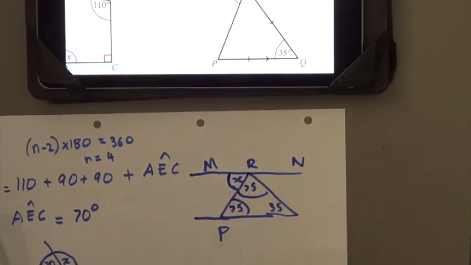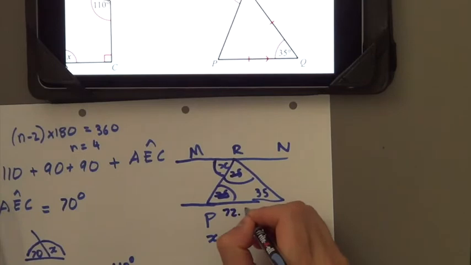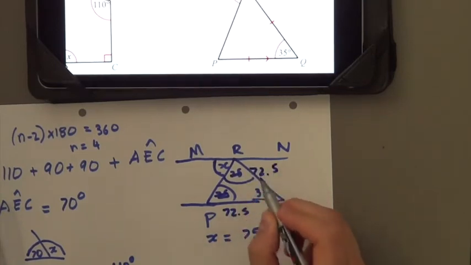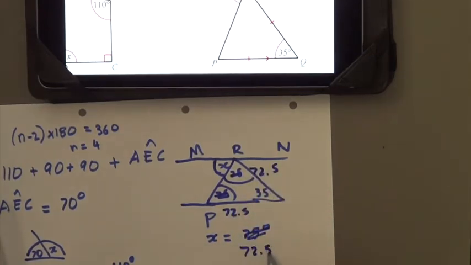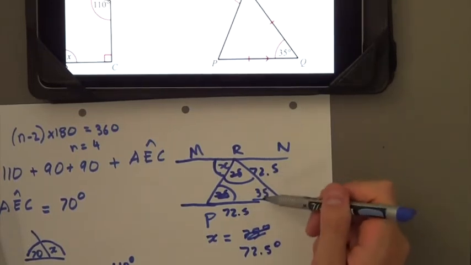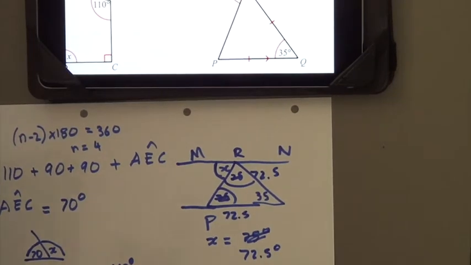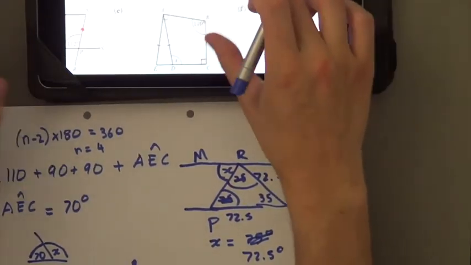This angle has to equal this angle. So, the answer is going to be X equals 75 degrees. Sorry, hang on. It was 72.5, wasn't it? So 72.5 degrees. You add all of them up together and it equals 180. So the answer is 72.5. Okay, so we've done those questions.